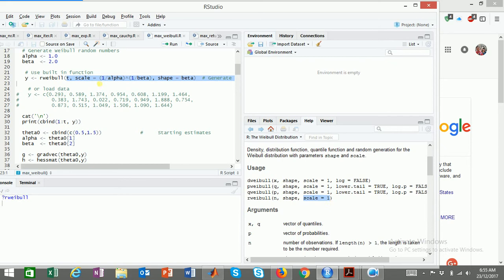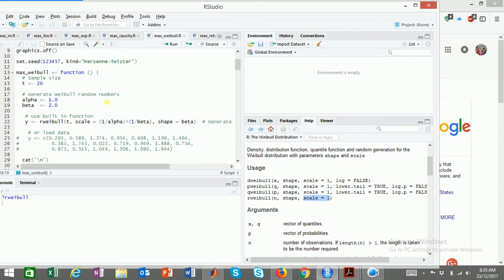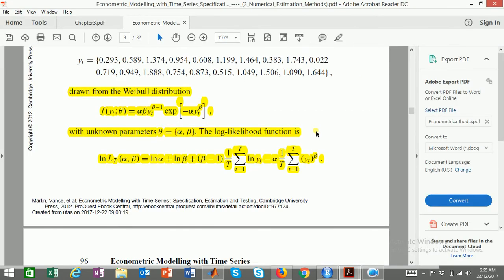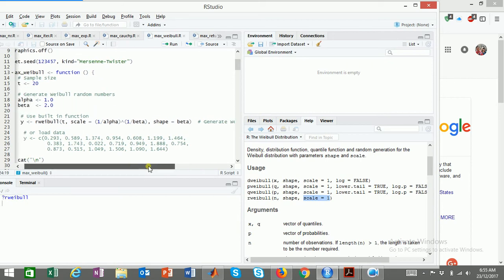We use the built-in Weibull function. For this we simply use 1 by alpha to the power 1 by beta. Why do we use that? Because we are following this non-normal distribution alpha y to the power beta. So we are doing 1 by alpha to the power 1 by beta, and the shape will be beta.